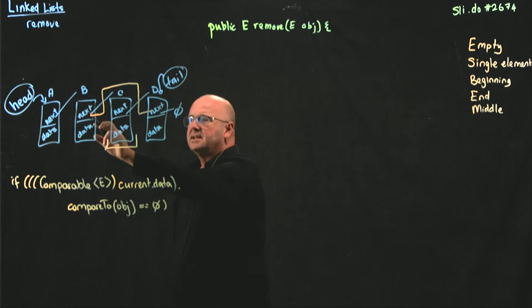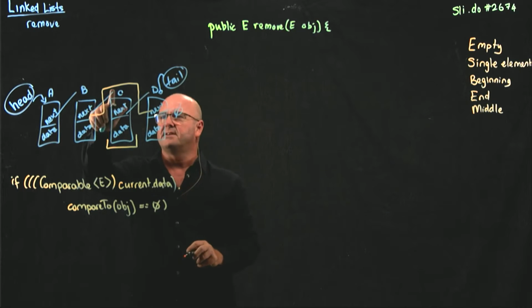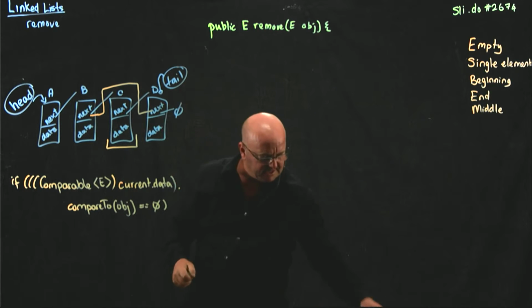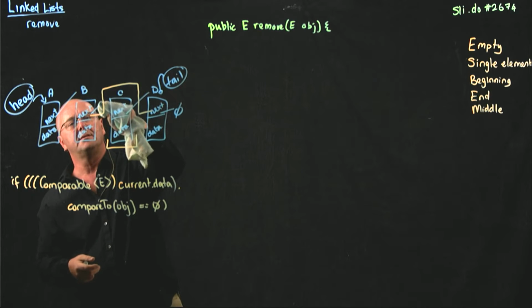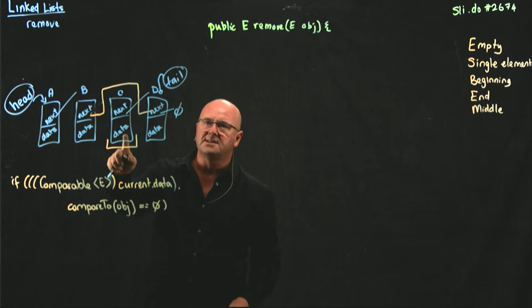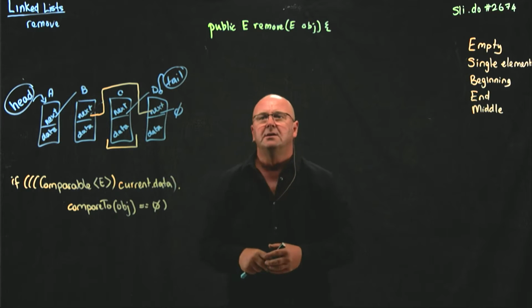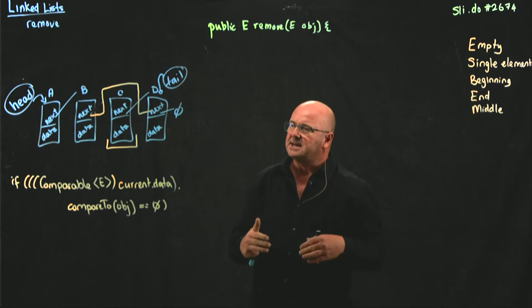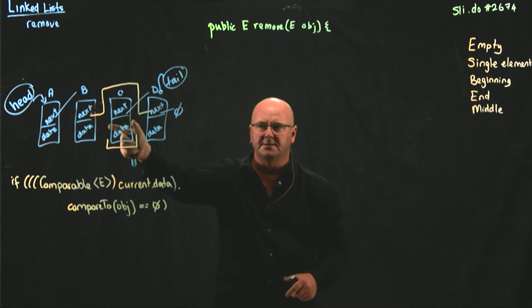If we take this next pointer and point it to the one after it, that breaks this direct link here between B and C. So this goes away. The only thing that's pointing to the data, if we have, for example, a current, once that goes out of scope, that node then gets garbage collected.